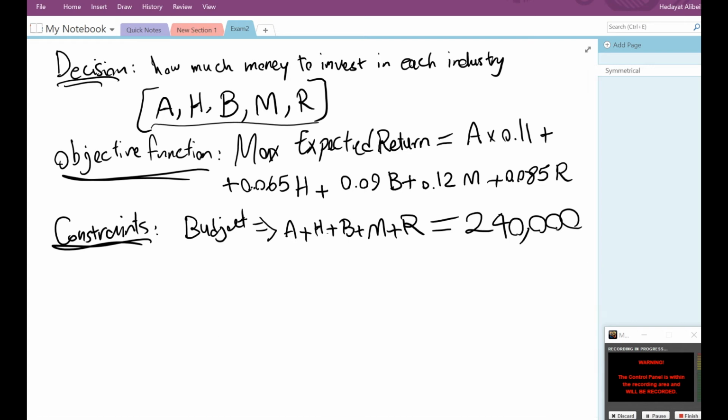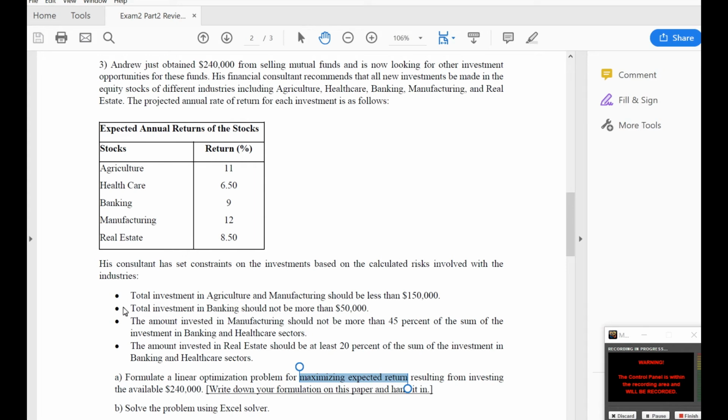And then the financial consultant sets 4 additional constraints. Total investment in agriculture and manufacturing should be less than $150,000.